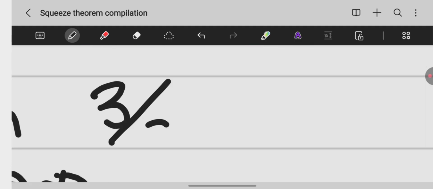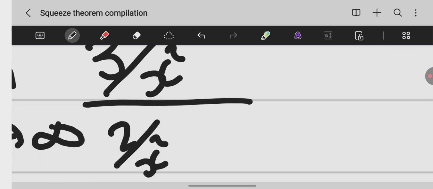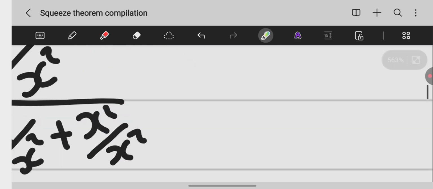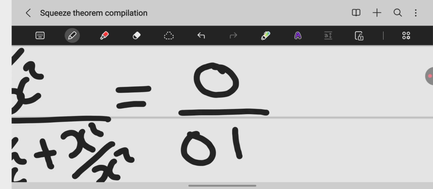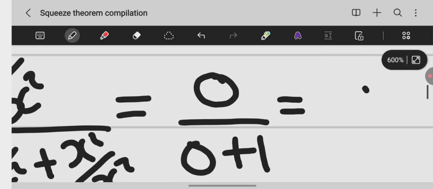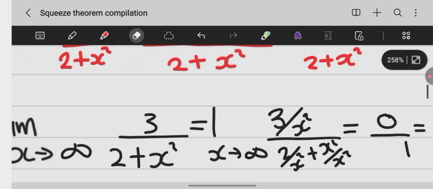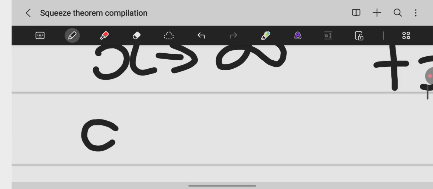So you'd have 3 over x squared, all over 2 over x squared plus x squared over x squared. This would give us a 0, and a 1. So eventually you would have 0 over 0 plus 1. And this is 0 because 0 plus 1 is the same as 1, so you can write it like that. And then evaluating the other side, that's a 1 there. Hope you can see what's actually going to happen.